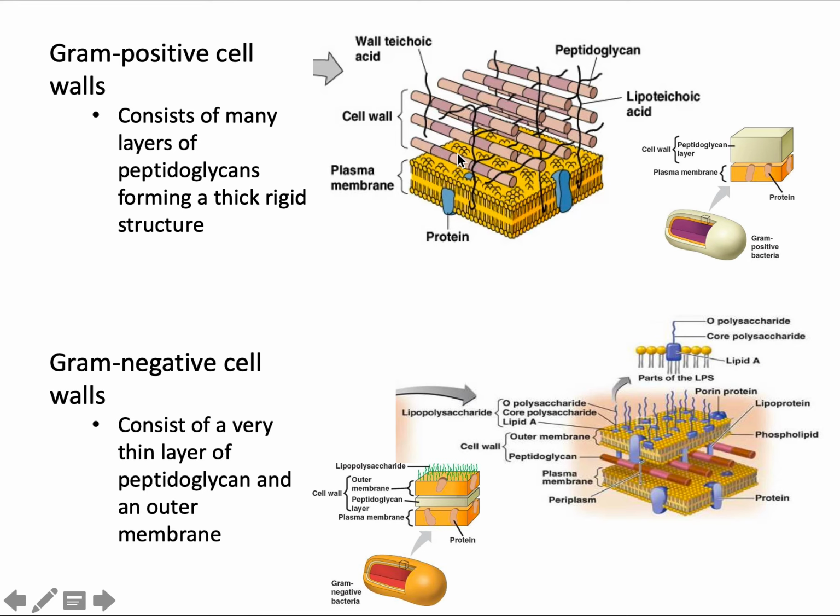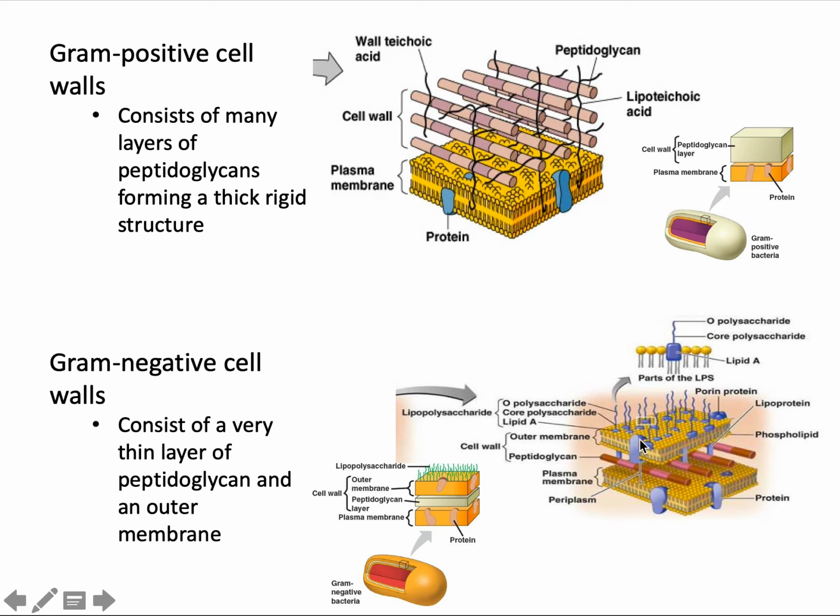So gram-positive bacteria have many layers of peptidoglycans, giving it more rigidity, thickness in its wall. Gram-negative bacteria do not have these extra layers. They only have a very thin layer of peptidoglycan. However, they have an extra outer layer. So in gram-positive, you have a plasma membrane, and then you have a thick wall of peptidoglycan interspersed with lipoteichoic acids, all giving it some integrity.